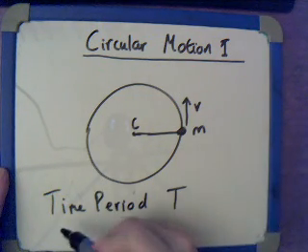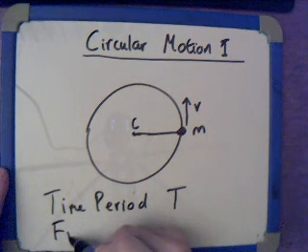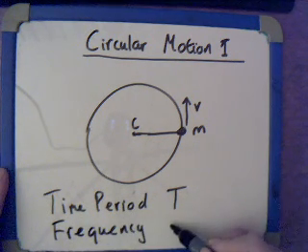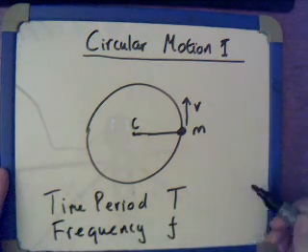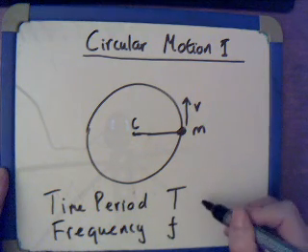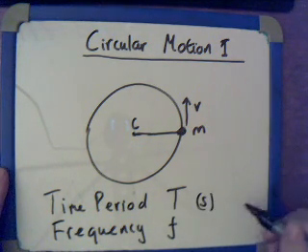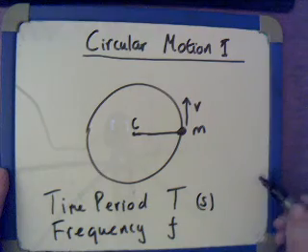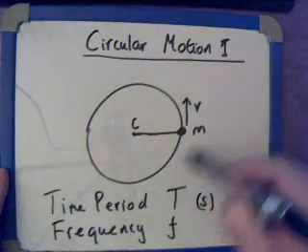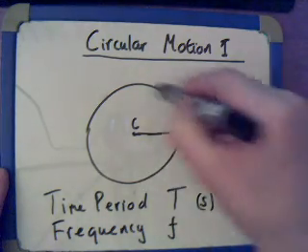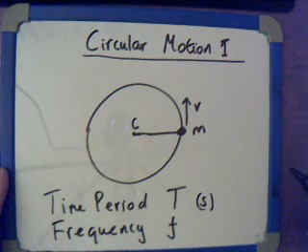Then we can talk about the frequency. The frequency f. Oh, by the way, the time period is usually measured in seconds, and the frequency f is the number of revolutions per second. How many times does it go round, back to the beginning again, in 1 second?